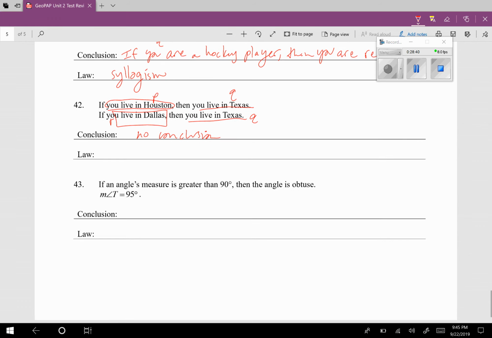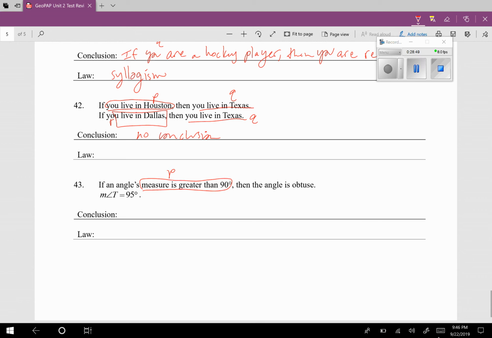Okay, next one. If an angle's measure is greater than 90, so measure greater than 90, that's our hypothesis, then the angle is obtuse. That's our conclusion. So now it says the measure of angle T is 95 degrees. So that's going along with P. It's greater than 90.